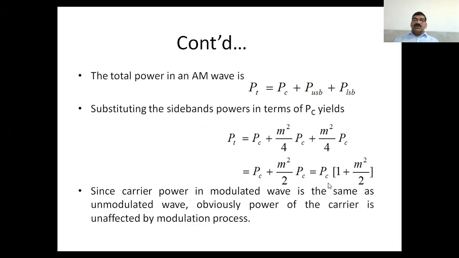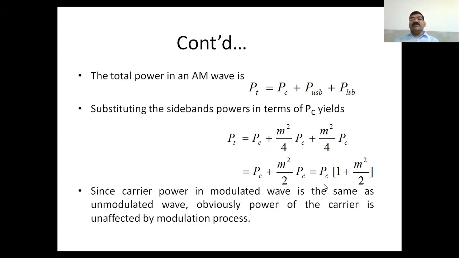Further, the total power is PC plus the upper sideband and lower sideband power, because there are two sidebands. So total power is PC plus M square by 4 PC, which we just calculated, plus M square by 4 PC. The addition of these two becomes M square by 2 PC.